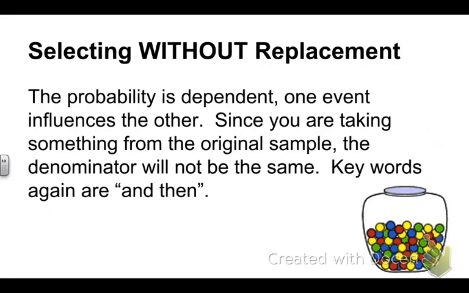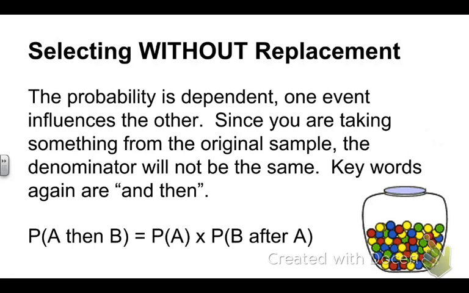Because I took one yellow marble out and I'm not putting it back, the total marbles in that jar has changed. So when I multiply the 2, the denominators are going to be different. The denominator in the second number is going to be 1 less because I picked 1 marble.